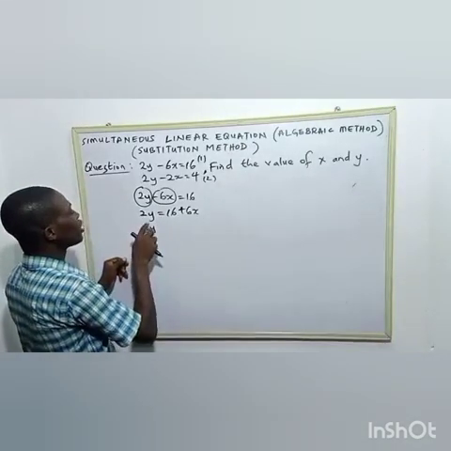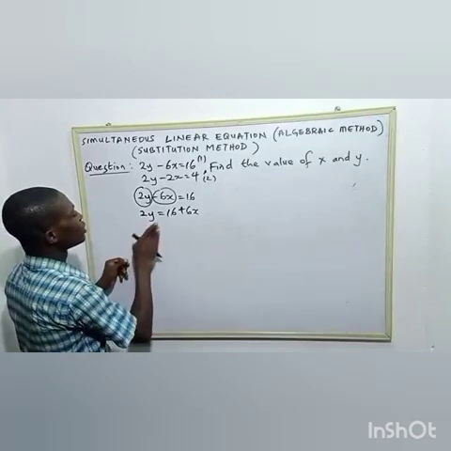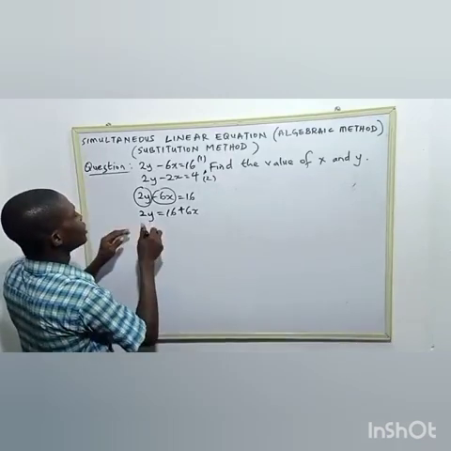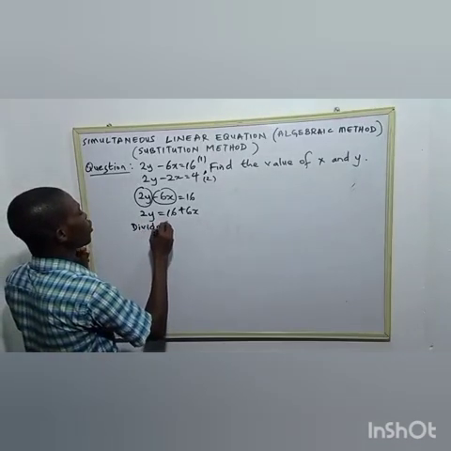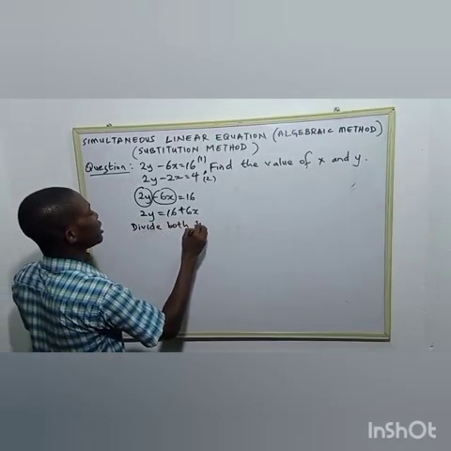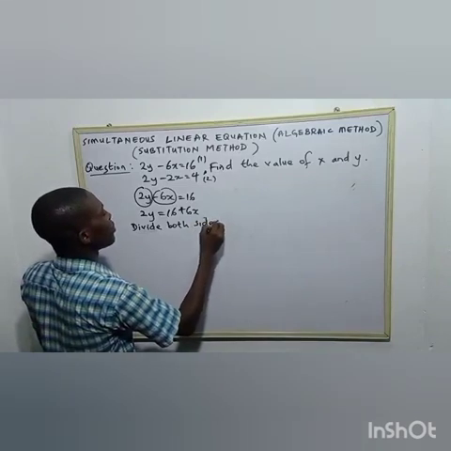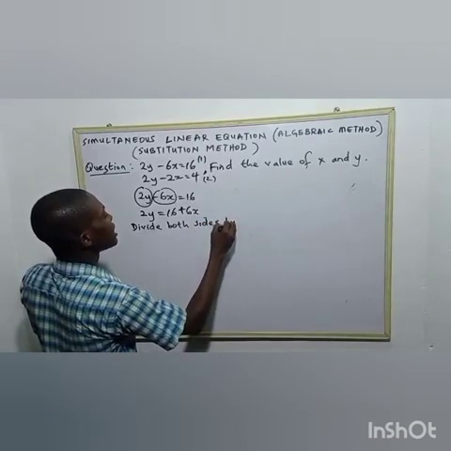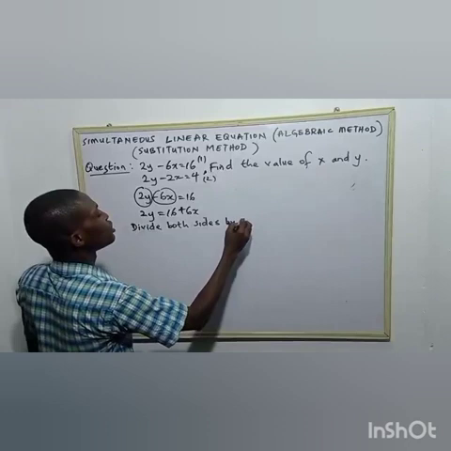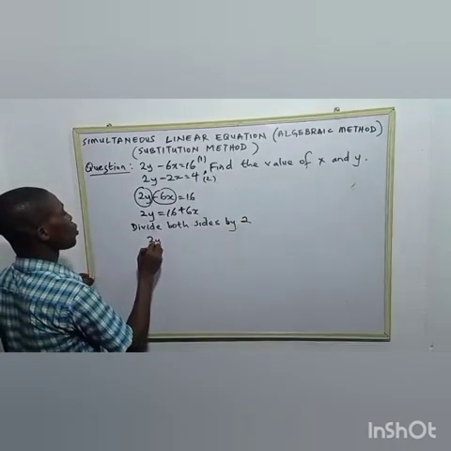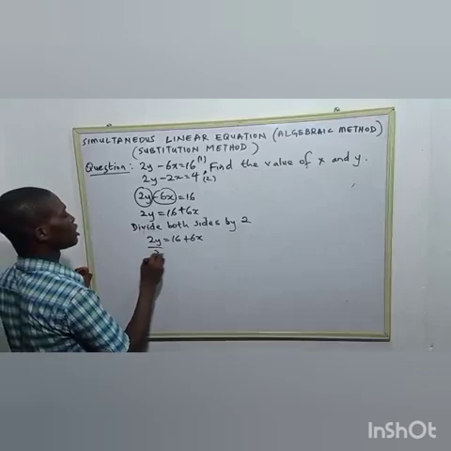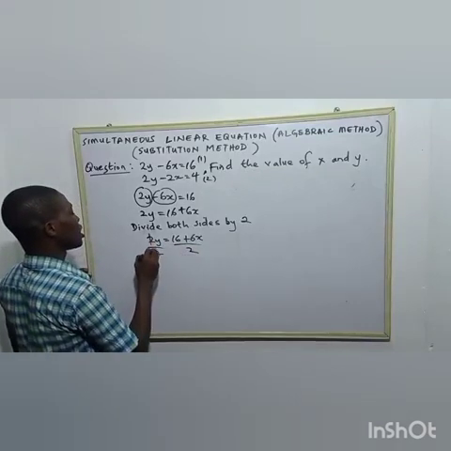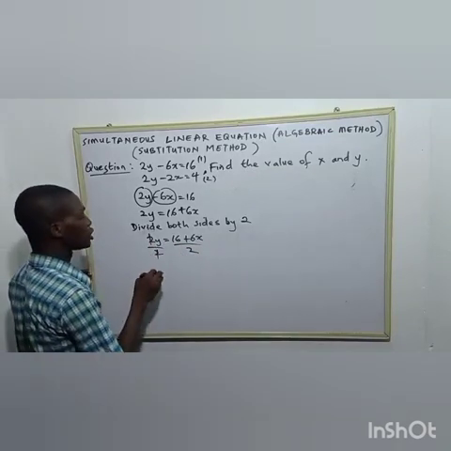To get the value of y, divide both sides by anything beside the y, which happens to be 2 this time. So 2y equals to 16 plus 6x. Divide both sides by 2. 2 here, 2 here, they cross out each other.